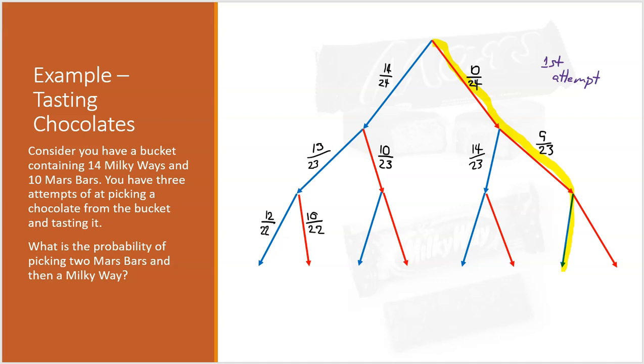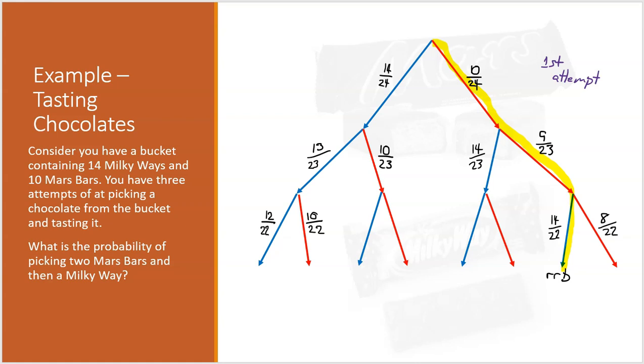Following the other path down, we'd get a chance of 14 in 22, and then 8 in 22 for the Mars bar. We'll just say red, red, blue again. That would be easier.